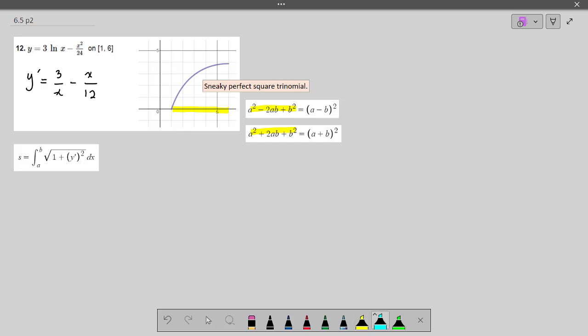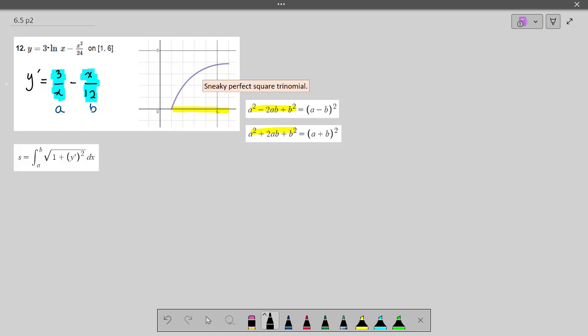So we're going to think of this as a, this as b. Everyone with me? So a and b, the minus is not part of the b. It's a minus b.